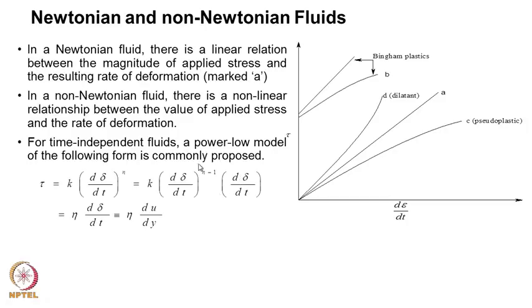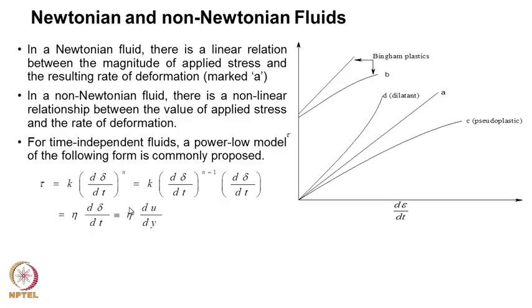This product k into (dδ/dt) to the power of n minus 1, this term alone is referred to as apparent viscosity, which is written by the symbol eta. The remaining term delta is related to strain, du/dy, the velocity strain.